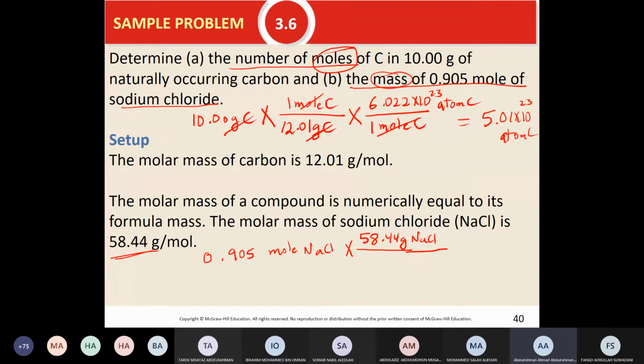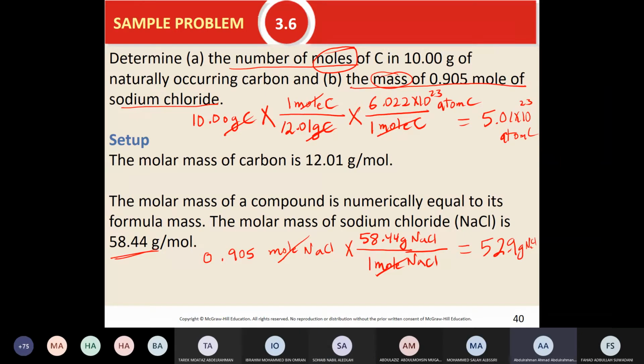Divided by 1 mole NaCl, and then get rid of this unit. You have the answer. Is it 44.7? No, it's not fine. That's 52.9 gram NaCl.